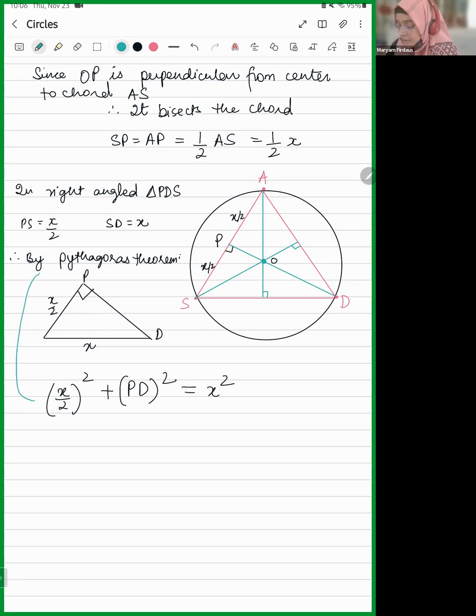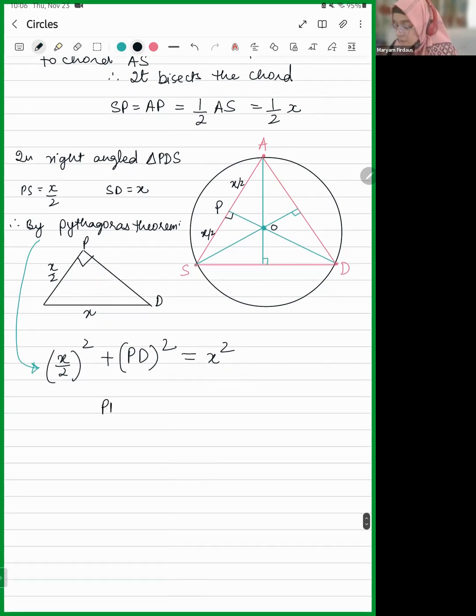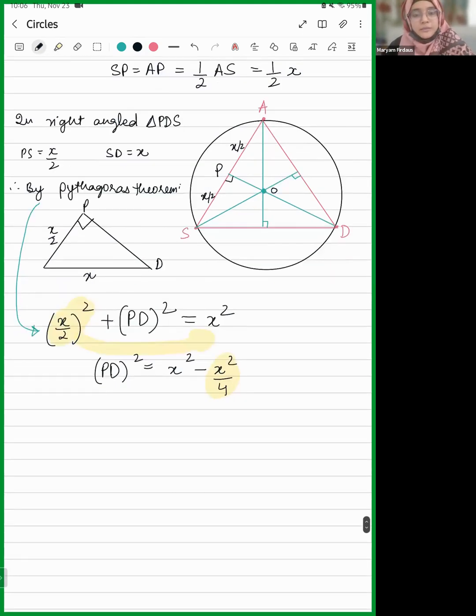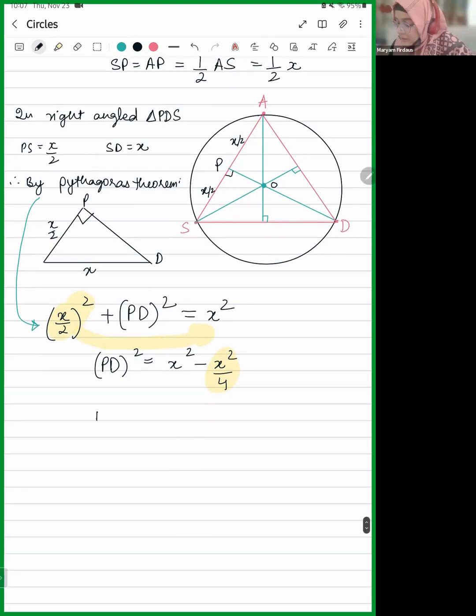By Pythagoras theorem, we have this. From here, we can see PD square is equal to x square minus x square by 4. What we have done is just taken this thing to the other side. It became x square minus x square by 4. Till here, is it clear? So PD square is equal to, now just subtract it.